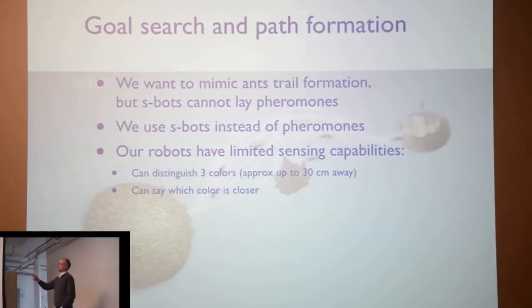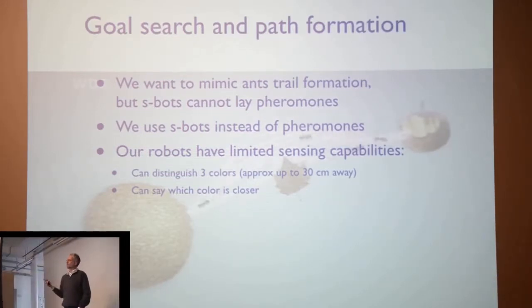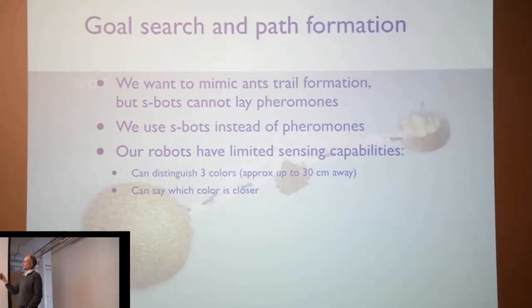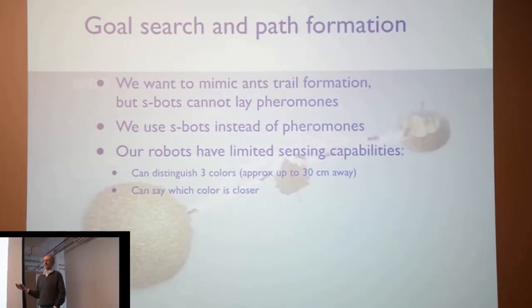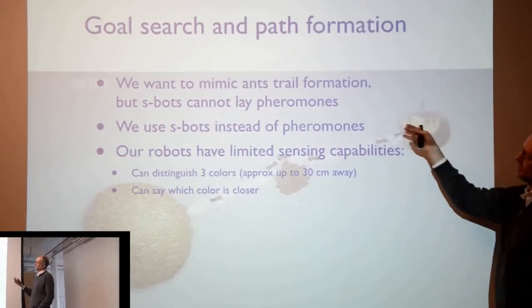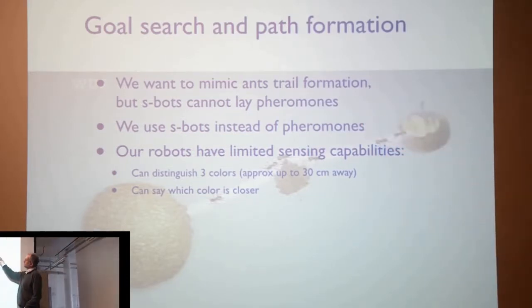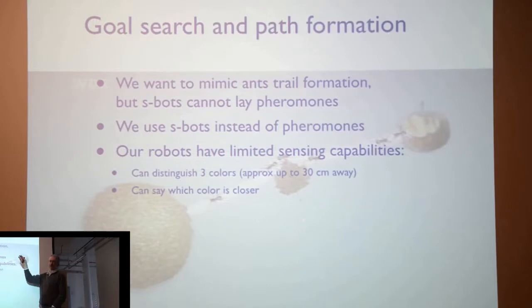Basically, we wanted to mimic the ant wave formation that we observe in real ants or in termites. But the main problem is that our robots can neither deposit nor sense pheromones. So what we did was to create a system that is inspired, let's say. So basically, we are using robots instead of pheromones.